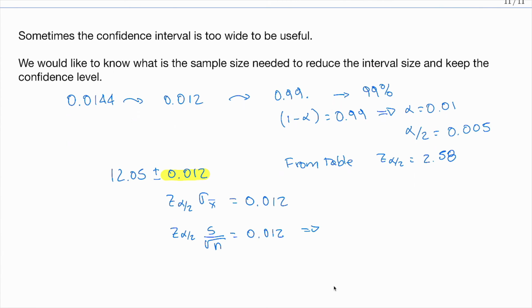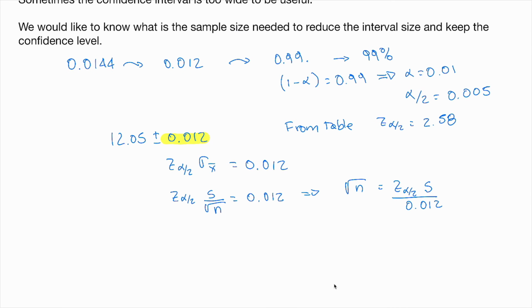So solving for the square root of n, we have z of alpha over 2 multiplied by s divided by 0.012, or n equal to z of alpha over 2 multiplied by s divided by 0.012, everything squared.